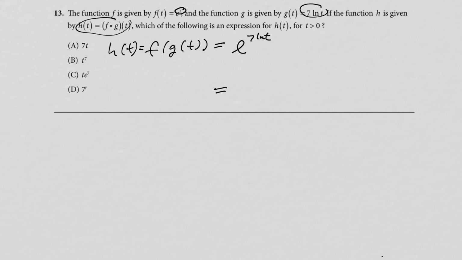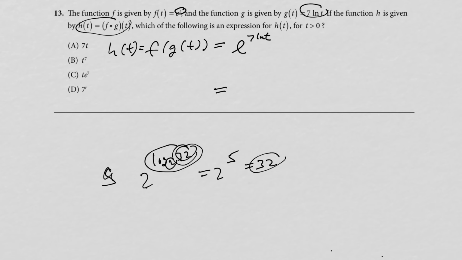Just in general, if I ask what is 2 to the log base 2 of 32? Well, log base 2 of 32 is 5, because it's asking 2 to what power equals 32. Then I raise 2 to that power, and I get back 32. So that will be true if I ask what's 3 to the log base 3 of 97? It will be 97.